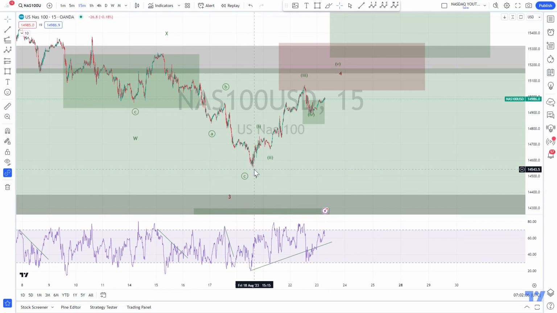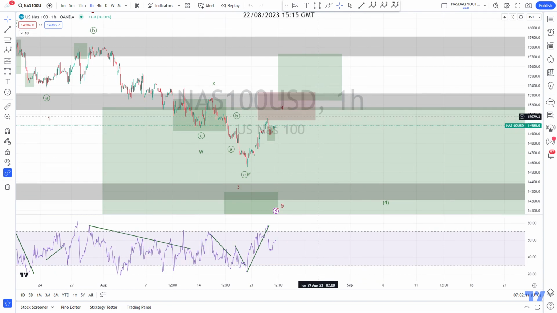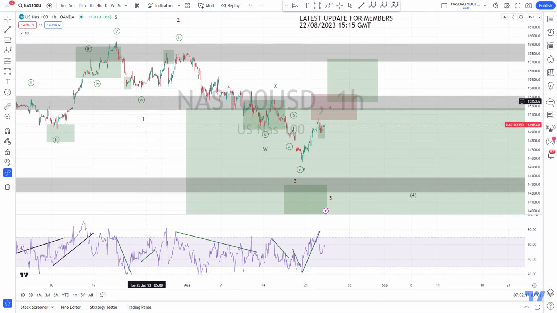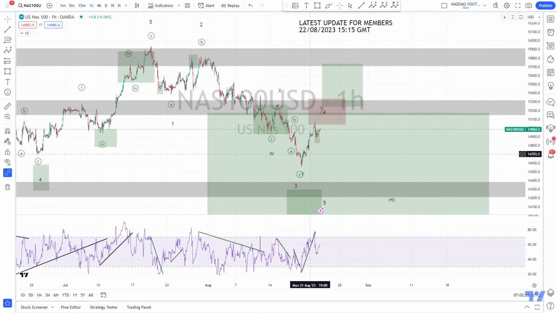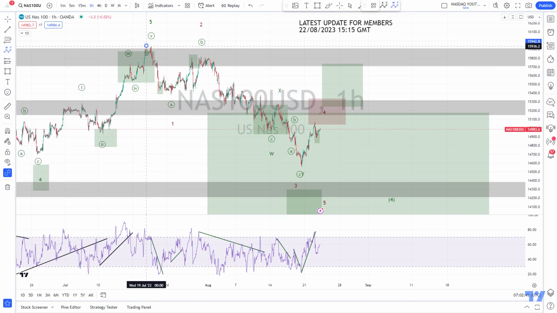So if we look at this structure now, the question becomes, if this here was our wave Y, and we now need upside in a bigger degree. If we assume that the bigger WXY correction will come, so that we have here wave W, we now need wave X and then wave Y down again. So maybe let's put it on the charts.